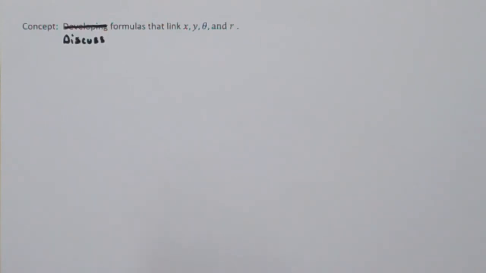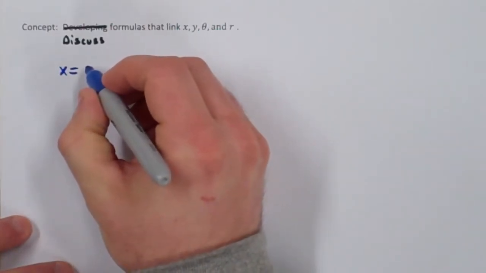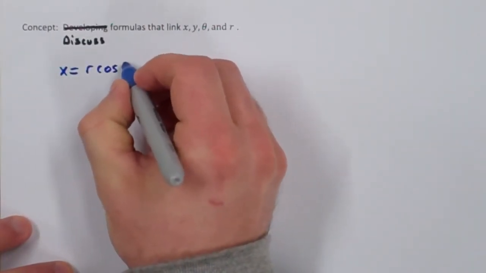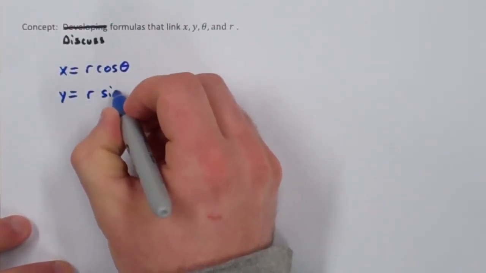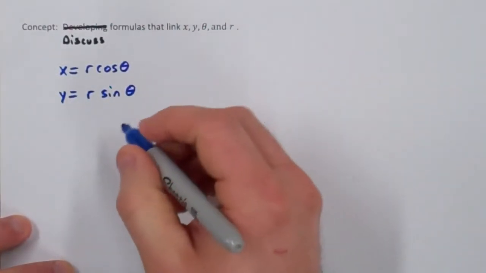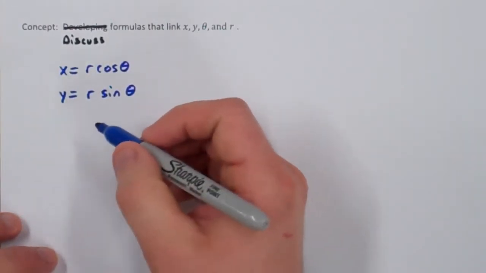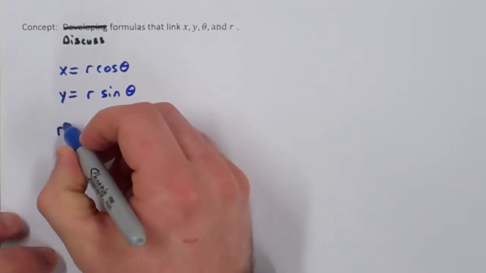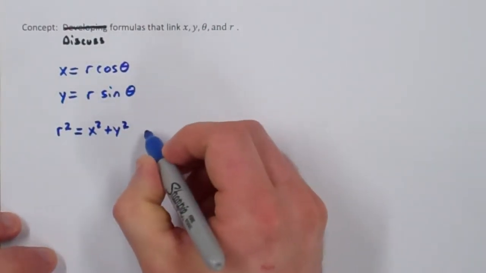So I'll just remind you of a few of those equations. We've got x is equal to r cosine theta, y is equal to r sine theta, and then we also developed some formulas to go from rectangular to polar. So we've got r squared is equal to x squared plus y squared.